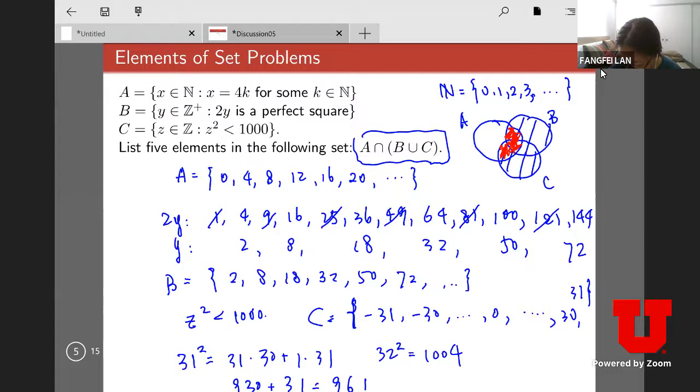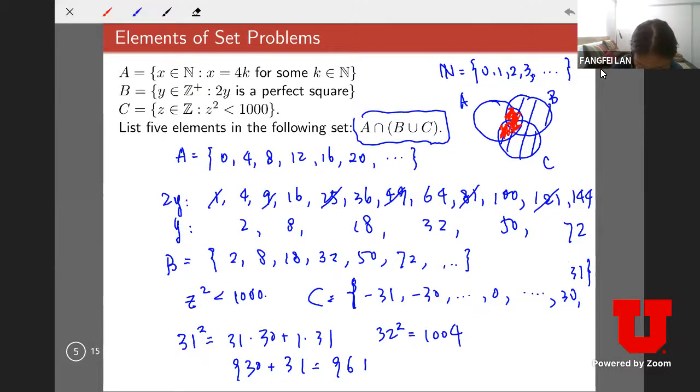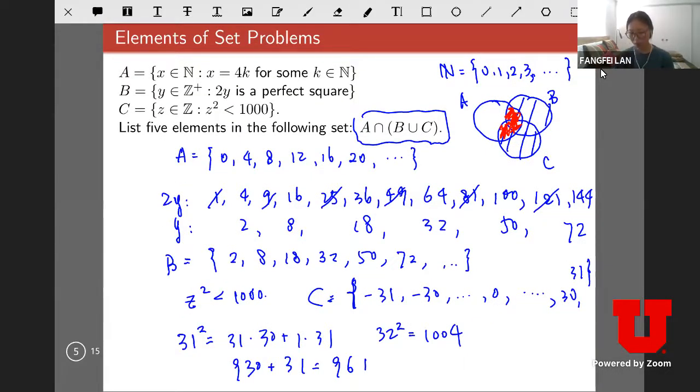All right. Let me change it back to blue. In this type of problem, because the element has to be in A, I have to pick elements from A that end up in B or C. C is a pretty large set; it basically covers from -31 to +31.